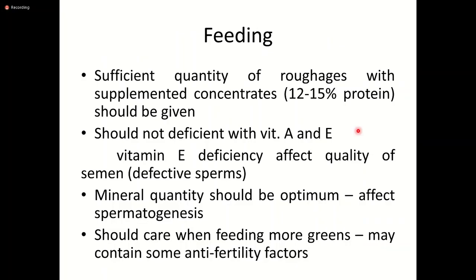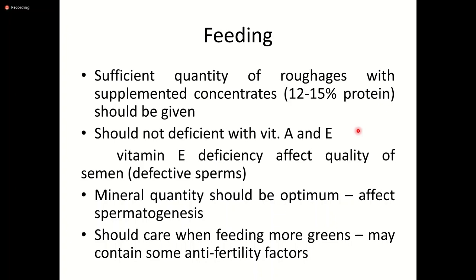So what are the feeds? We have to provide a sufficient volume of feed for these animals, right? All these with vitamin A and vitamin E, basically antioxidants, right? And we have to provide minerals, and also more nutrients, roughages with some concentrates with an average percentage of proteins, as they need good nutrition to support their breeding process.